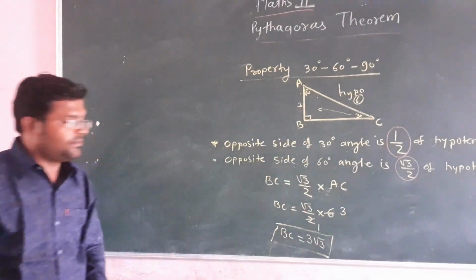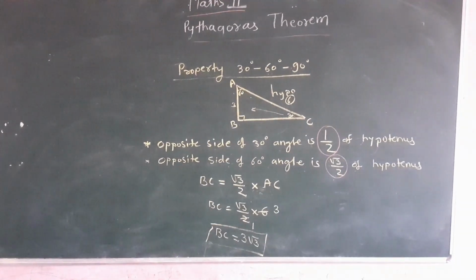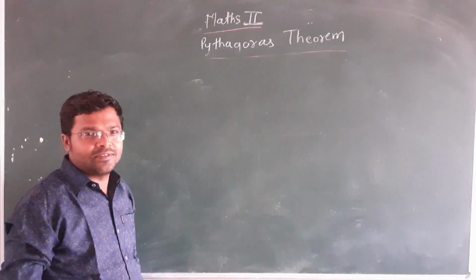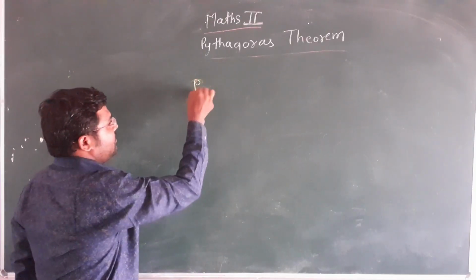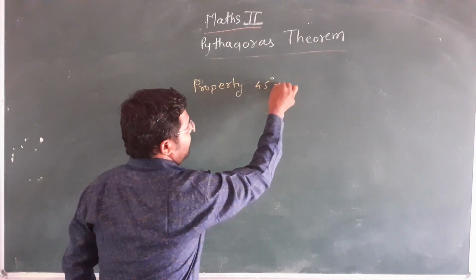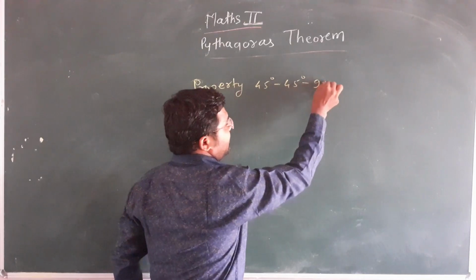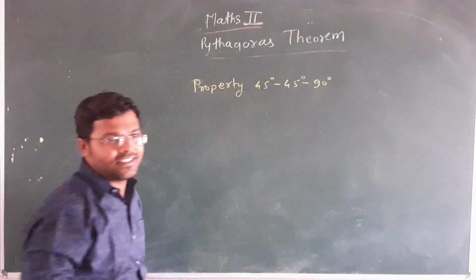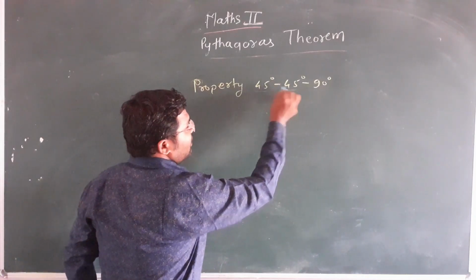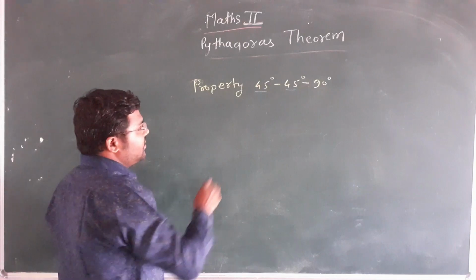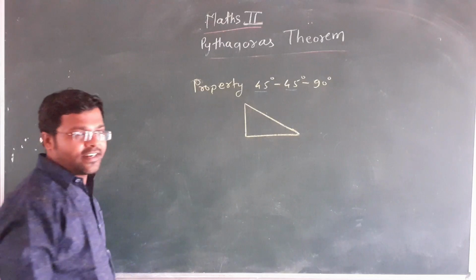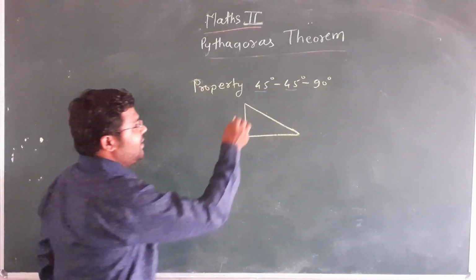Another property. Now another property is 45 degree, 45 degree, 90 degree. In this triangle, the measures of two angles are equal. Here 45, 45. So that means this is an isosceles right angle triangle. Why isosceles?